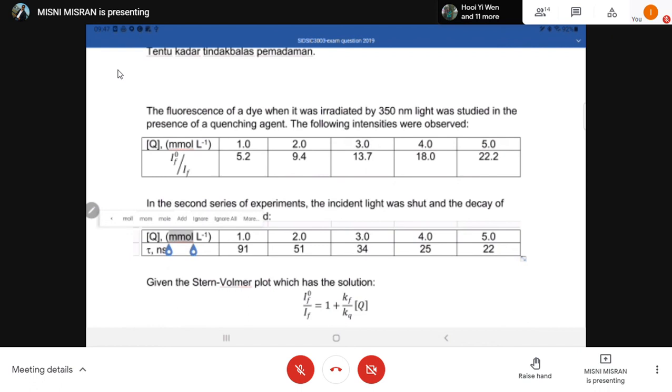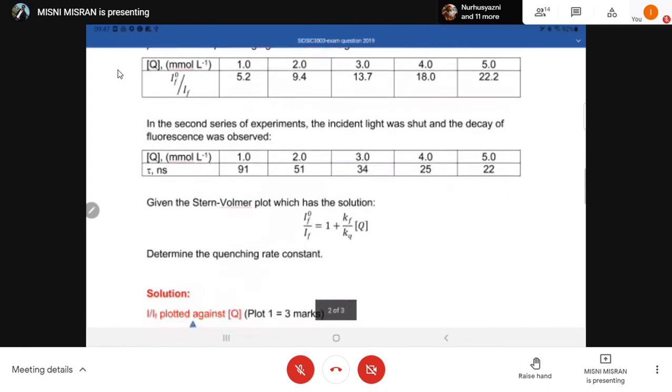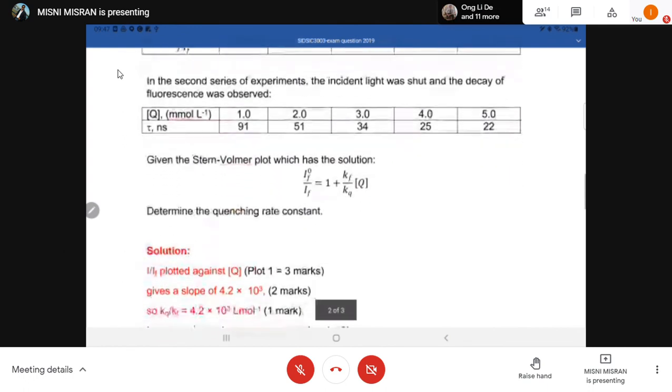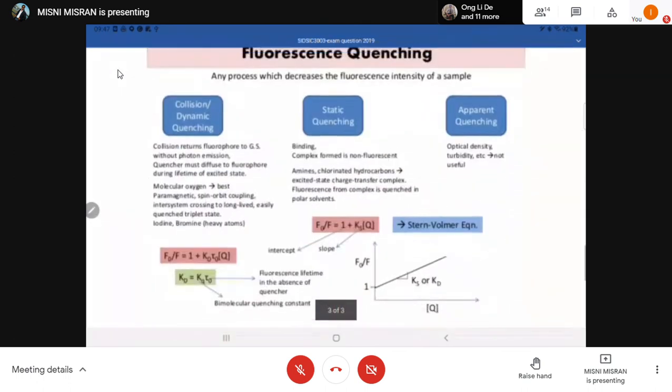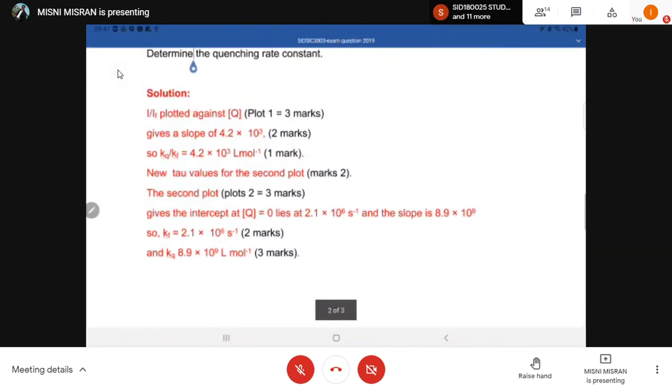This is where students don't get it right. The idea is there, but they don't get it right. For this particular question, you can try it out.